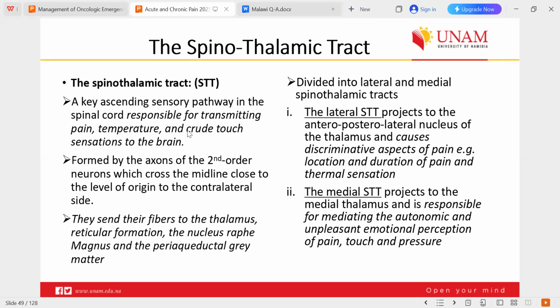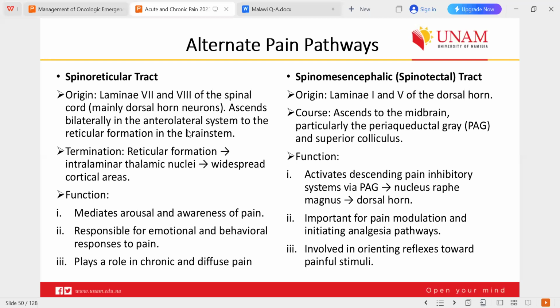The medial part of the spinothalamic tract projects to the medial thalamus and is responsible for mediating the autonomic and unpleasant emotional perception of pain, touch, and pressure. All right. So we have alternative pain pathways, the spinoreticular tract and the spinomesencephalic tract. Okay. And this is just for you to know.